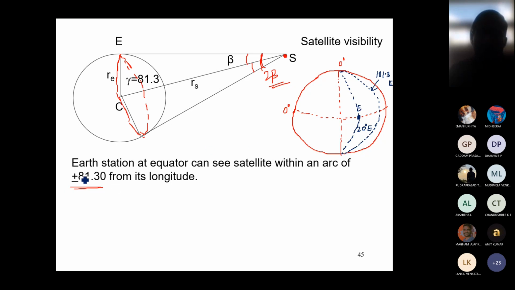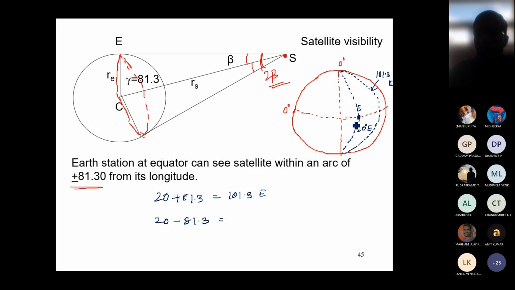What we have done is 20 degree plus 81.3 degree, so that is 101.3 degree east, because it is in the eastern direction. Got it? Now minus is also given. So 20 minus 81.3, what will you get?